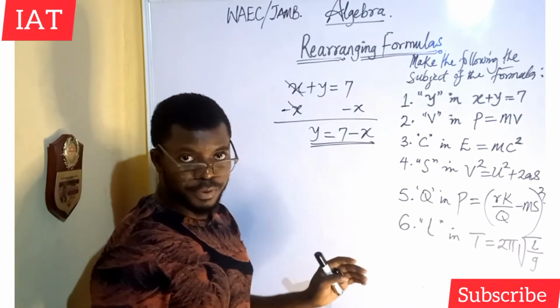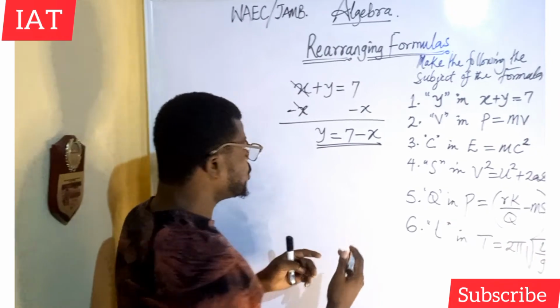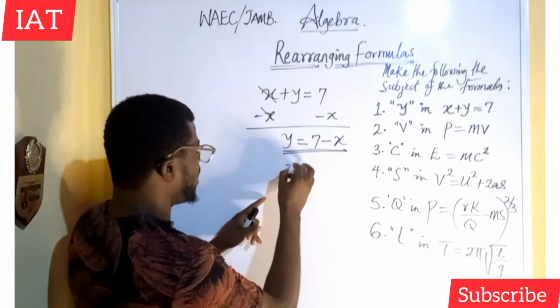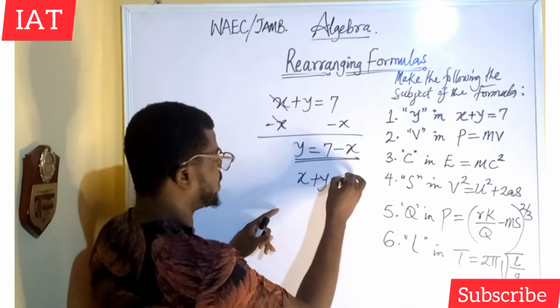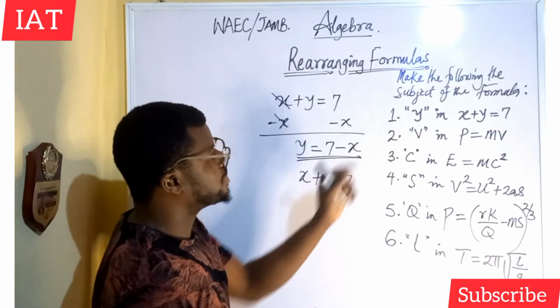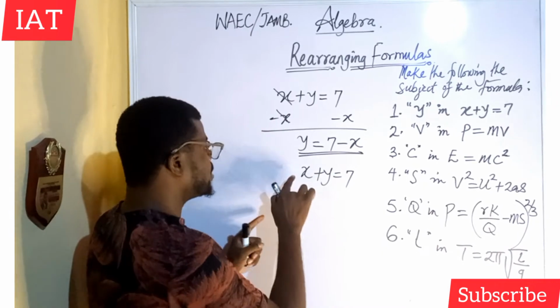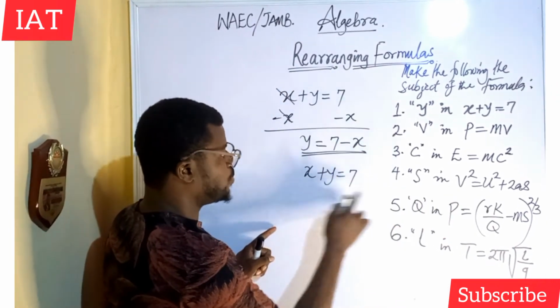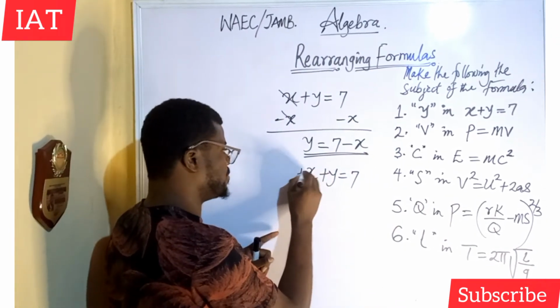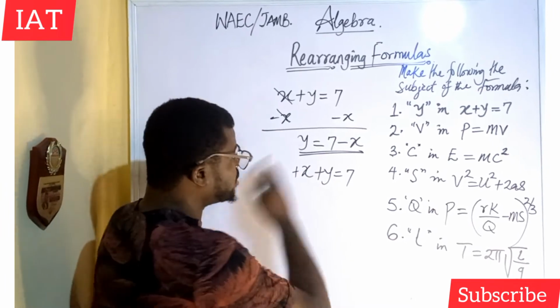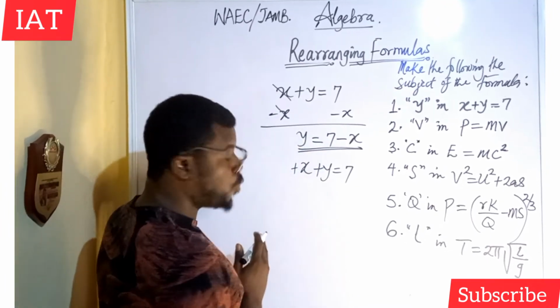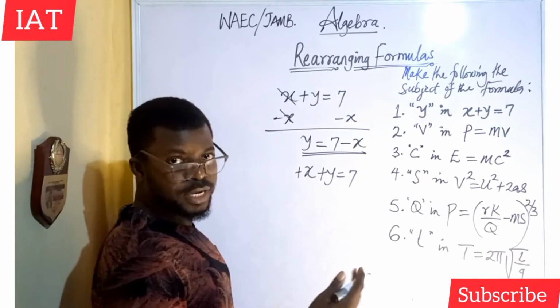That is very simple. Alternatively, you could just say, since the equation is x plus y equal to 7, and you're asked to make y the subject of the formula, you could easily take this x across. This x has a positive sign by default. When it crosses the equality sign, it changes to negative.